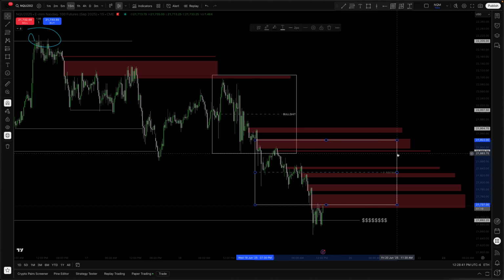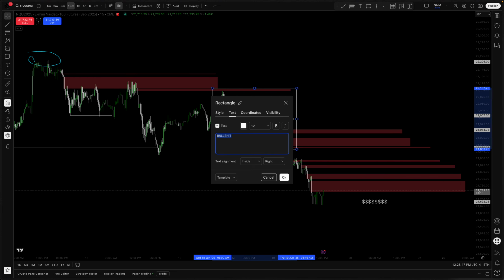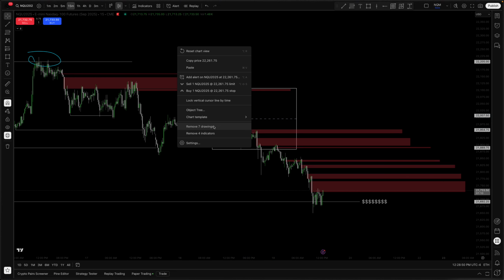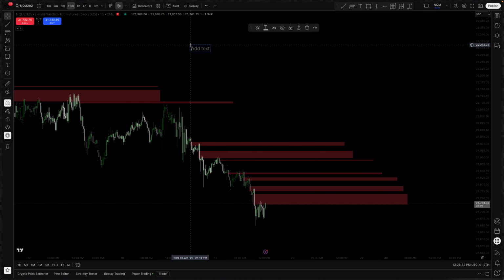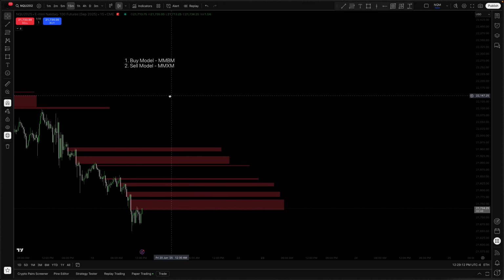Except this, there are only two ways the price can move, which is a buy model, which is MMBM if you're trying to look up any information about this, and a sell model, MMSM. Buy model, how does it work?